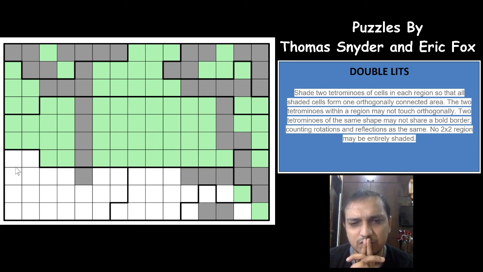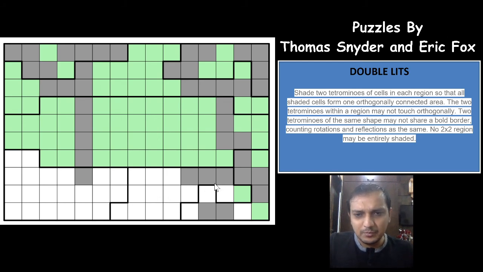There are too many ways to do that. Okay. This tetromino cannot connect or go ahead and connect to this region using this region. I'm sorry, I'm just confusing myself and you too.